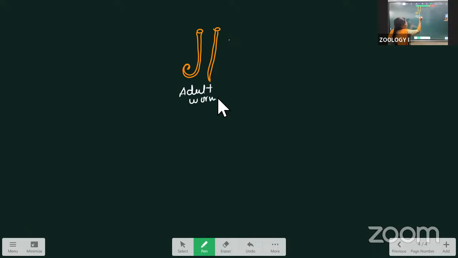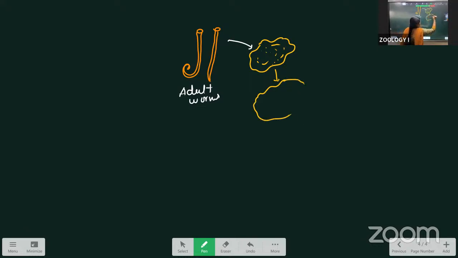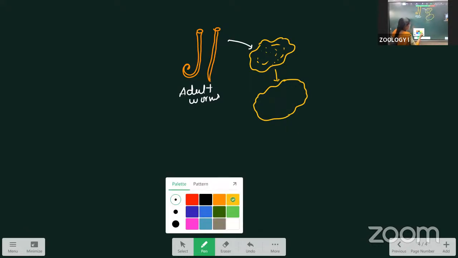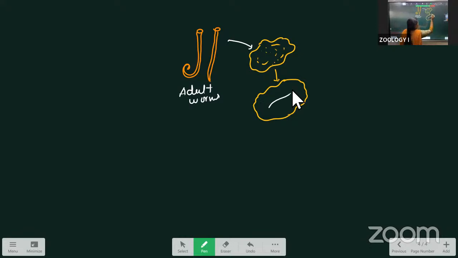Next, they are producing the eggs that we call mammillated eggs. Here are the mammillated eggs.